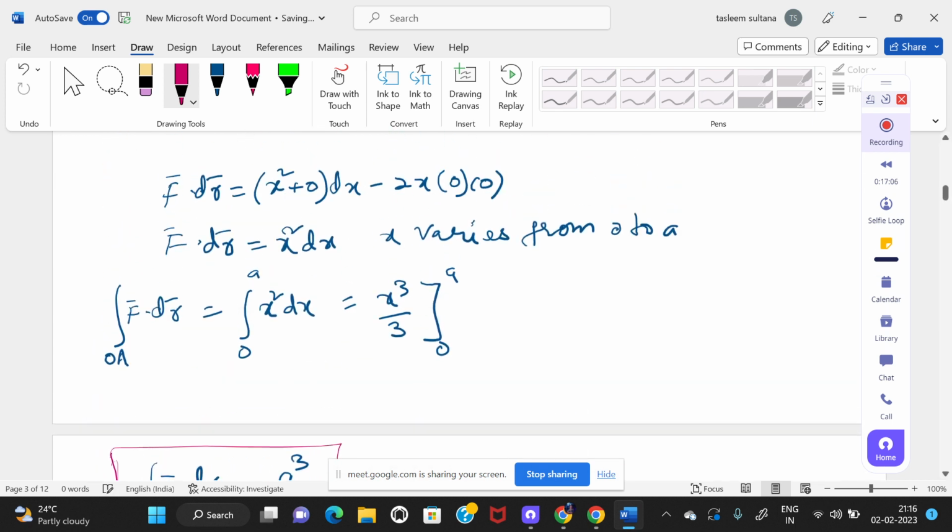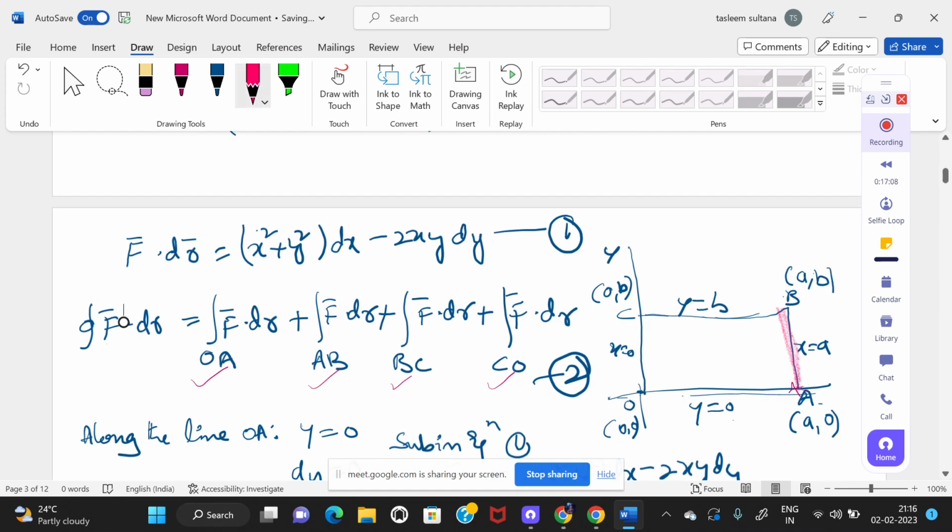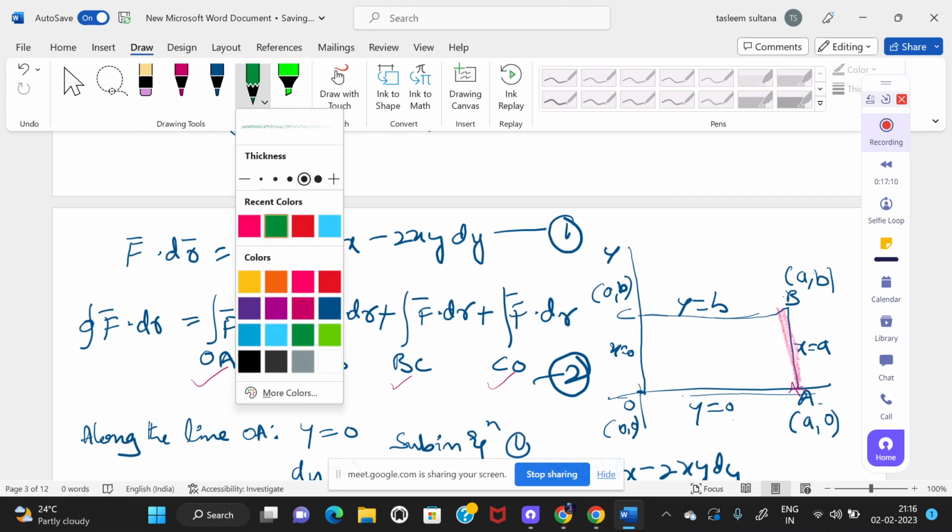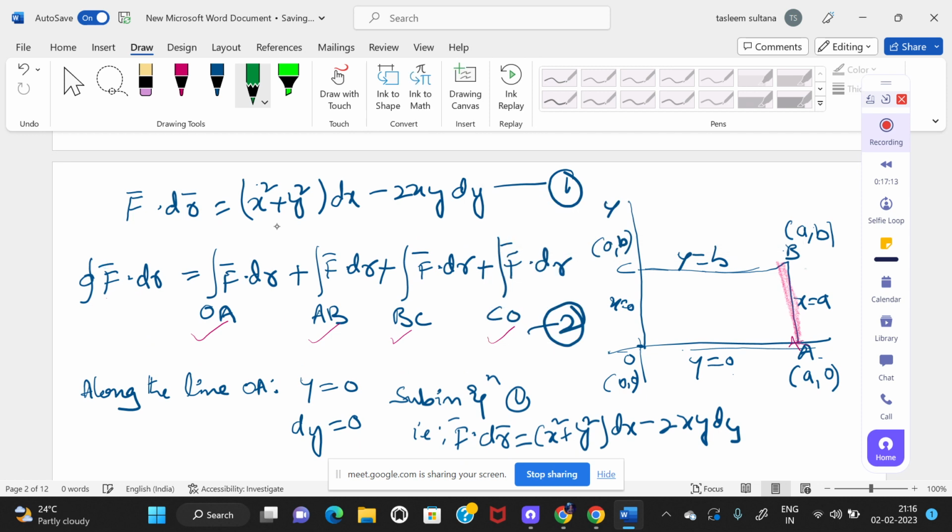Now see, where are you now? You are at point b. You have reached here now. Now you have to travel this line from b to c. What is your x value?